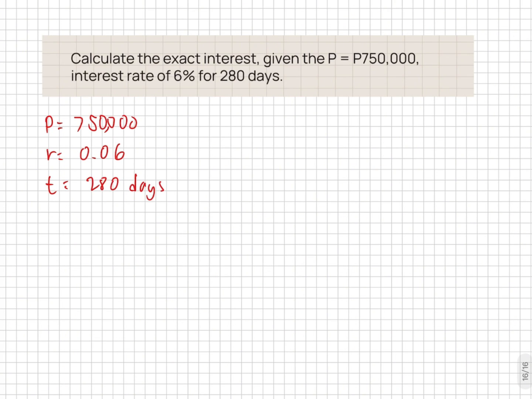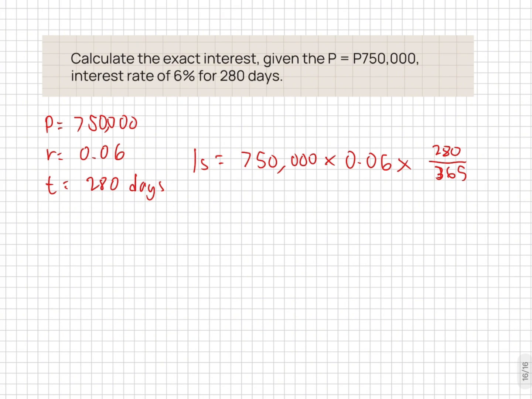Now let's try to solve it. Simple interest is equal to the principal amount, which is 750,000, multiplied by 0.06, which is the rate, and then multiplied by 280 days, which is the time, divided by 365 days, which is the exact interest.